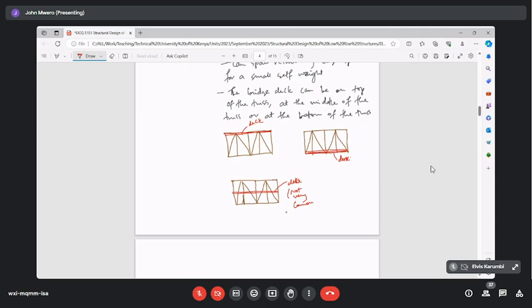Because of connection challenges. If you have to connect the deck elements onto the truss, it's easier to connect from the bottom or from the top. Not very common. This is a railway bridge, I think. It's like this, and it's a truss.